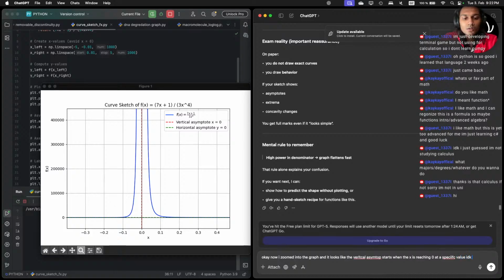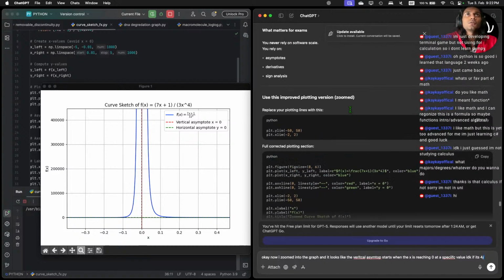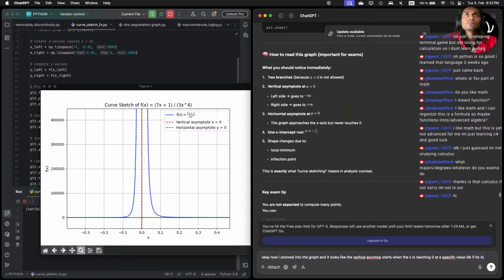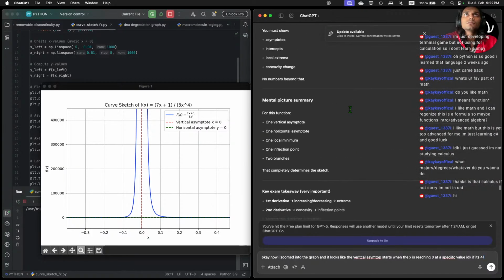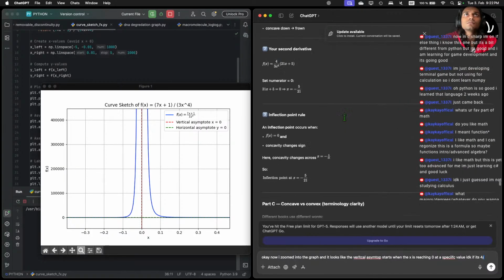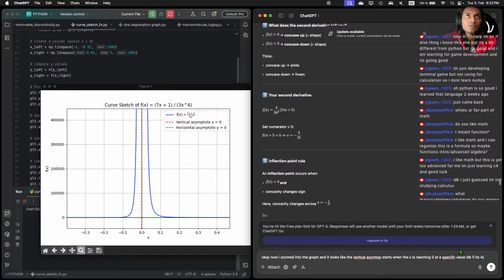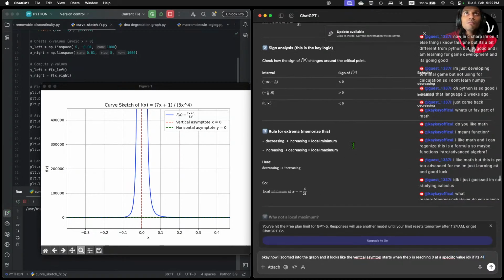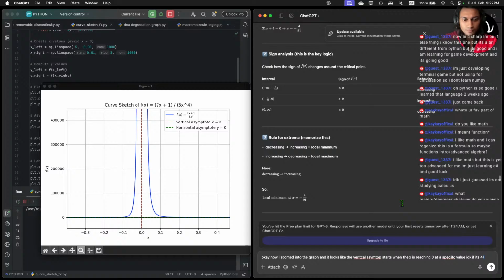I don't know if it's 4 by 17. Is that the value they found? Pi by 21. No, it was 4 by 21.